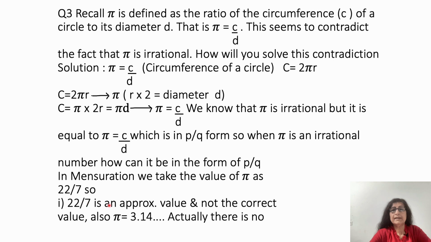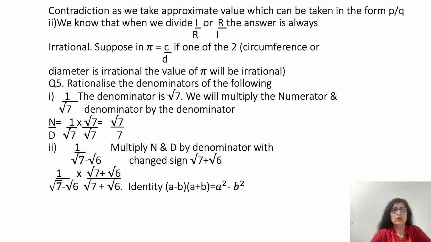So 22 by 7 is an approximate value and not the correct value. So pi is equal to 3.14. There is actually no contradiction, as we can take an approximate value in the form of p by q.